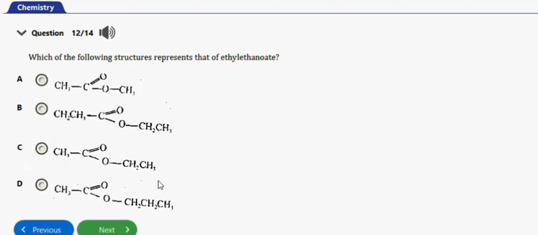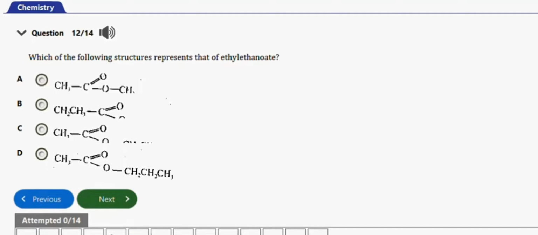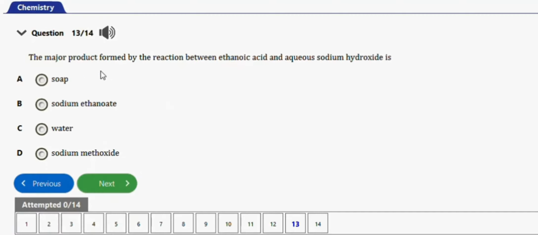Next question, this one. It says the major product formed at the reaction between ethanoic acid and aqueous sodium hydroxide is, so the right answer will be sodium ethanoate. That's the product that will be formed.